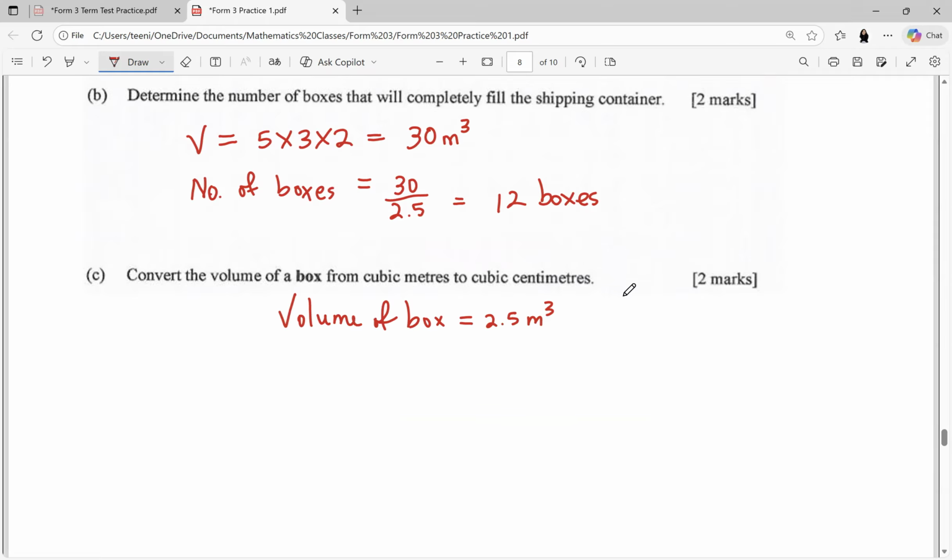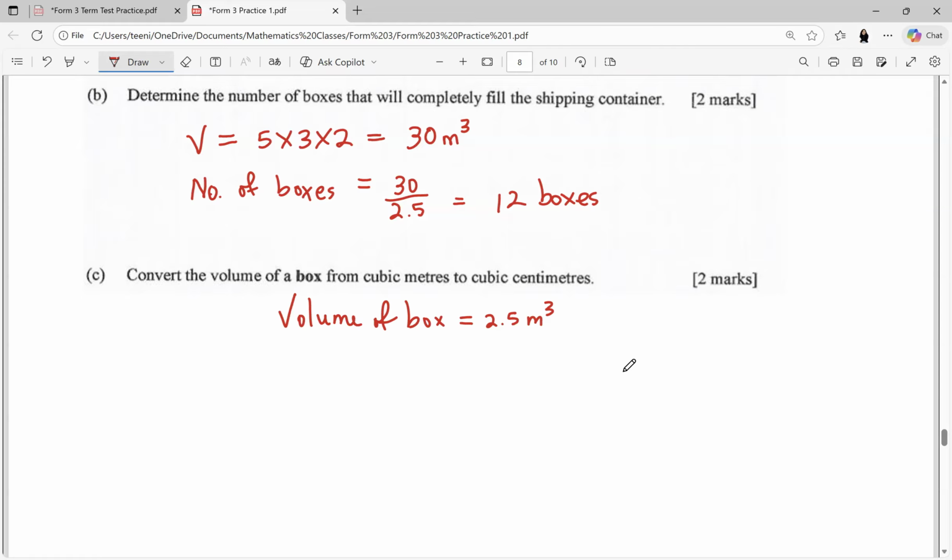You can multiply this by 1,000,000, because 1 cubic meter is actually 1,000,000 cubic centimeters.